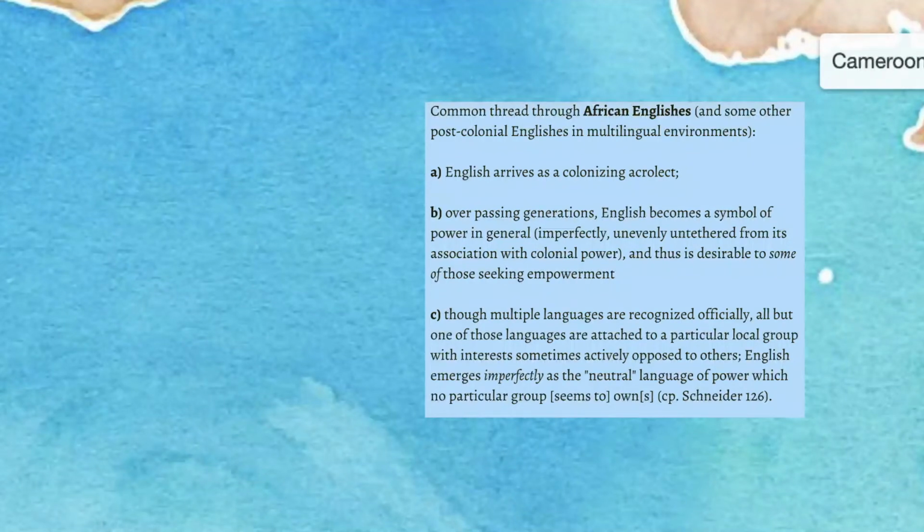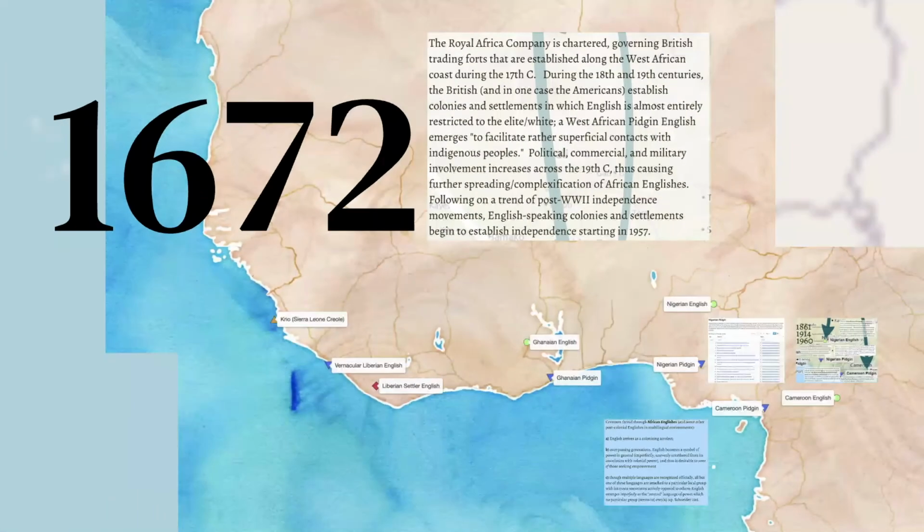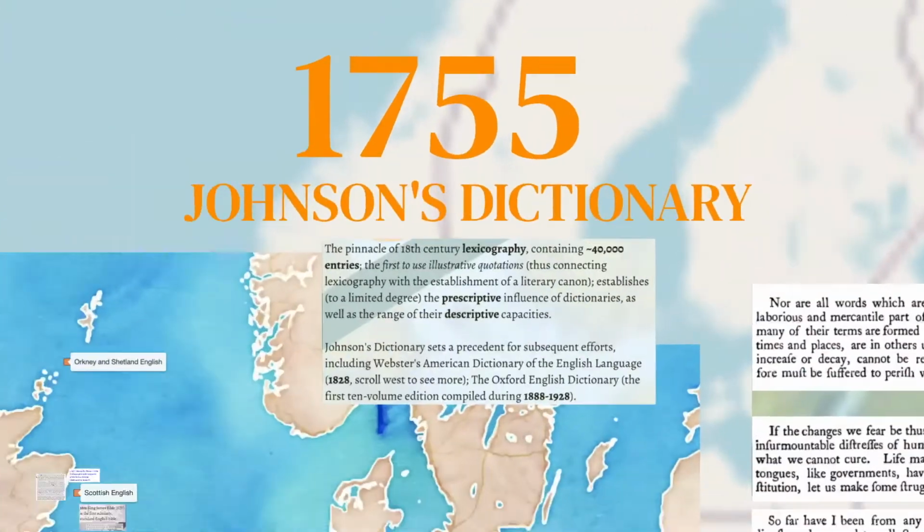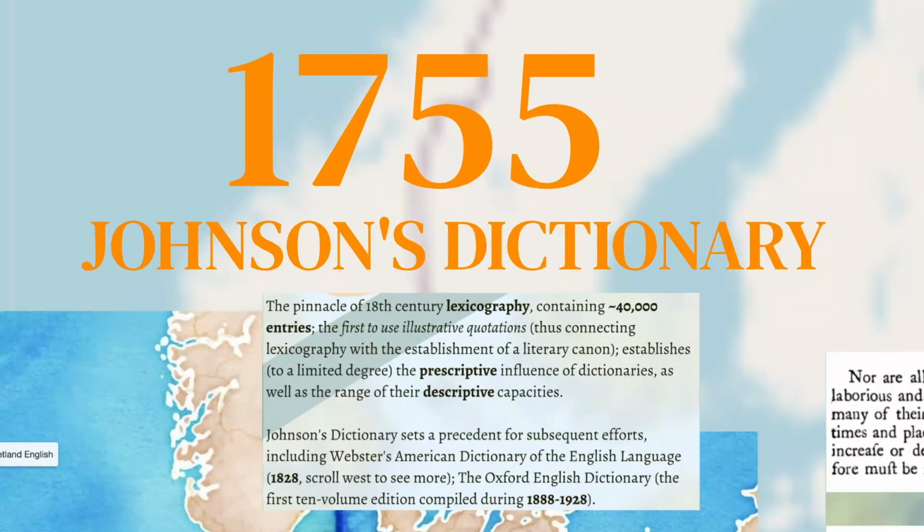But in each of these cases, because multiple languages are recognized officially, but the only one not attached to a particular local group is English, English ends up emerging imperfectly as a quote-unquote neutral language of power, which no particular group owns or seems to own. And we witness this among other cases in Nigerian English and Nigerian Pidgin, which has its roots in 1672.